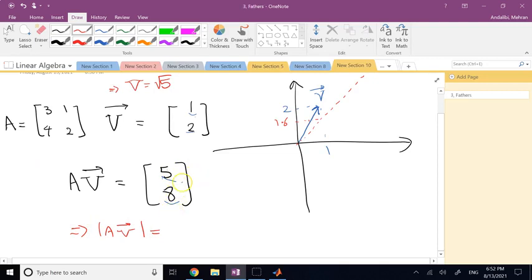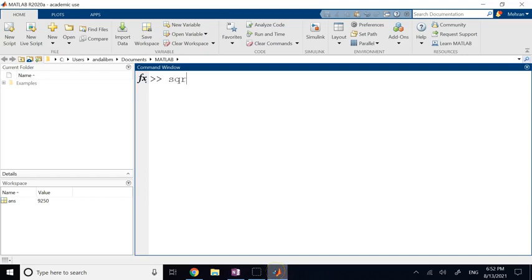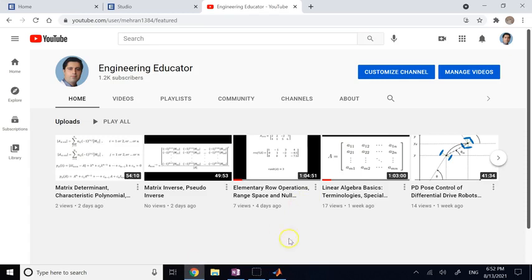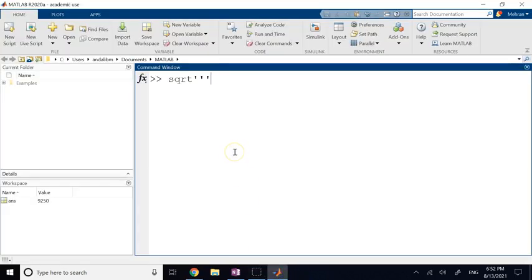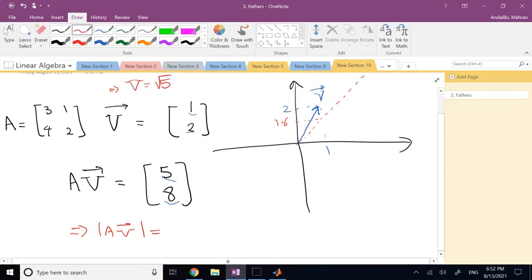So that's 25 and 64, correct? That's 89. So that is the square root of 89, which is 9.43. And for square root of 5, it was 2.24.